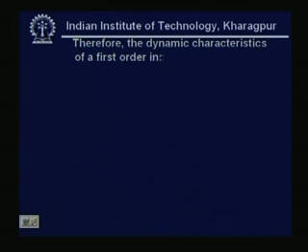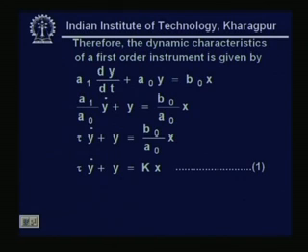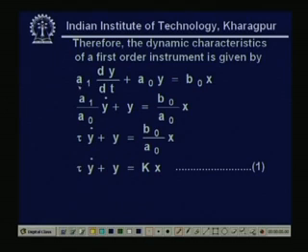Therefore, the dynamic characteristics of a first order instrument is given by, looks like this, A1 dy by dt plus A naught y equal to B naught x.